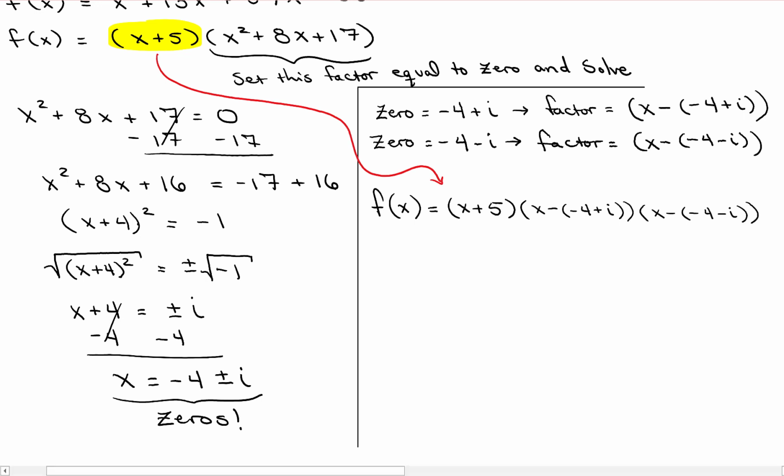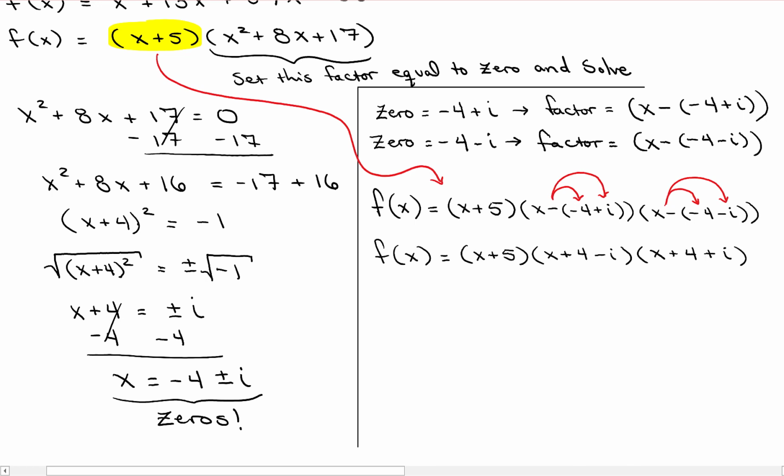Now here I can simplify this a little bit more by distributing this minus sign. So this is now going to simplify to f of x is equal to x plus 5 times the quantity x plus 4 minus i times the quantity x plus 4 plus i.